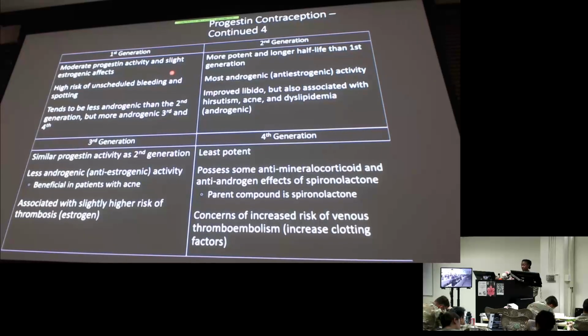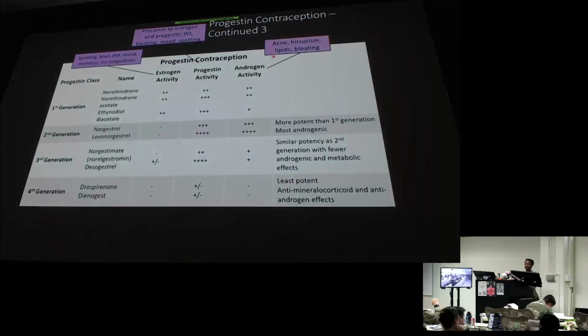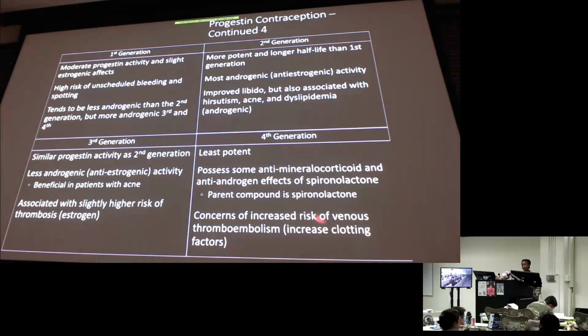So again, telling you in words, when you look at your fourth generation, again, the one that's least potent, make sure that if a patient comes in and they're complaining of like bloating, all of these androgenic issues that we're talking about, acne, things like that, if they're coming in presenting that way, or we're worried about those cardiovascular risks, because it has no estrogen activity essentially, and because I'm also being able to tap into the lack of androgenic activity, this is a good option for those patients.